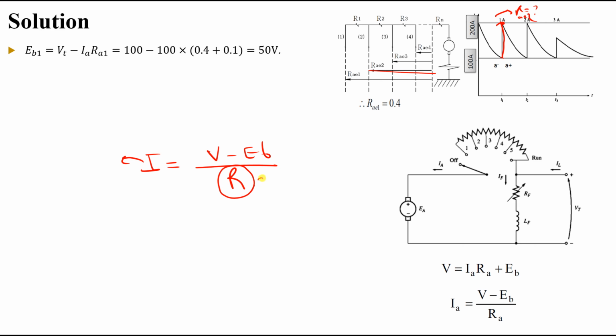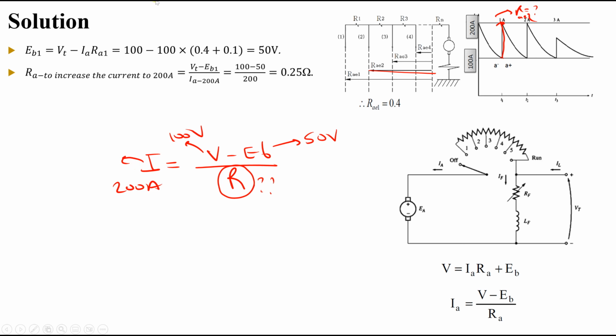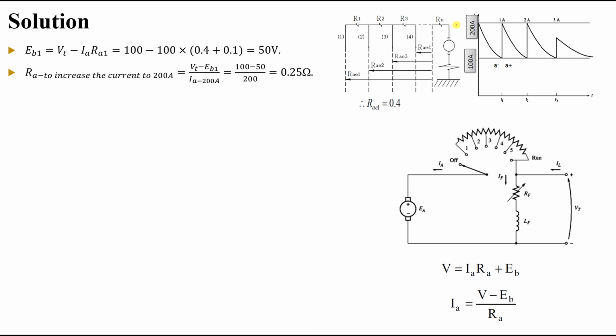So I would like the resistance, and I know that the current will be 200 amperes at the same E back of 50 volt with the same supply of 100 volt. So what about the new resistance? Again here, it will be 100 minus 50 divided by 200 gives us the new resistance. So in order for the current to go up again, we need the resistance to drop down from 0.4, not 0.4 only.